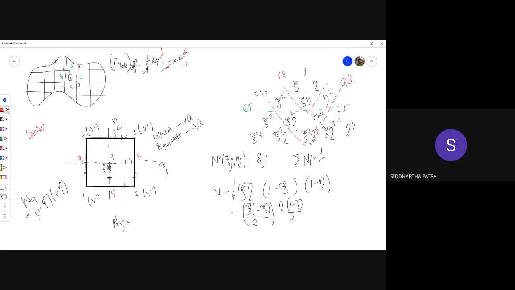Okay, so all I'm trying to say here is, instead of taking a 4-noded quad element, if you had taken an 8-noded quad element, the node count, although sorry, I made a mistake. I have not yet introduced the 8-noded quad element, but in a minute I will also be introducing to you what an 8-noded quad element is.